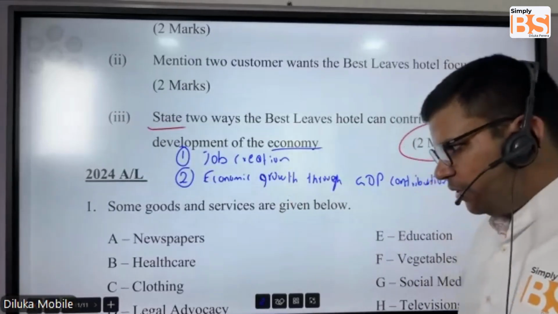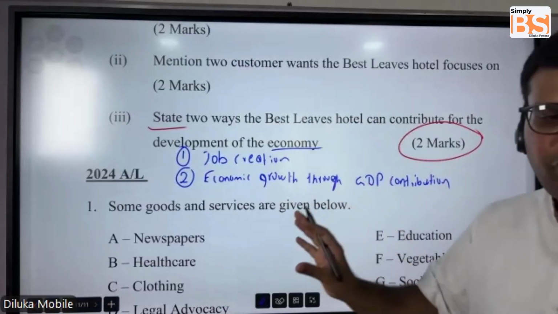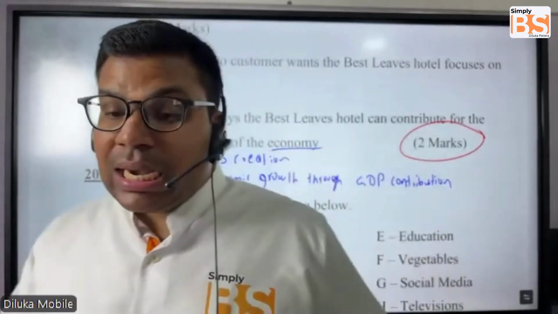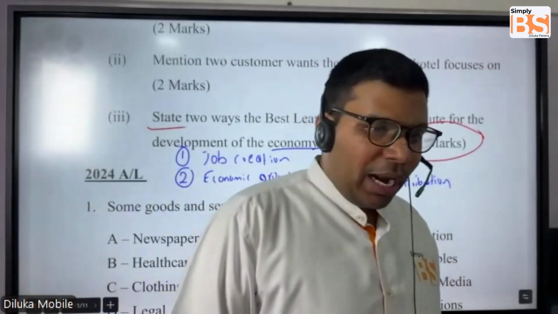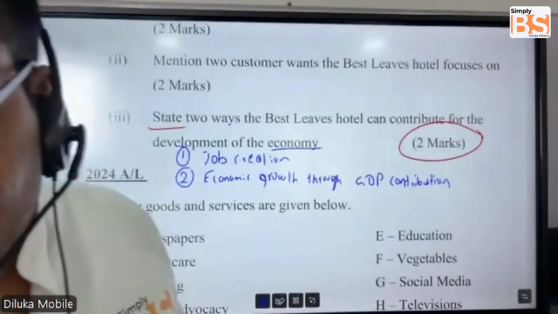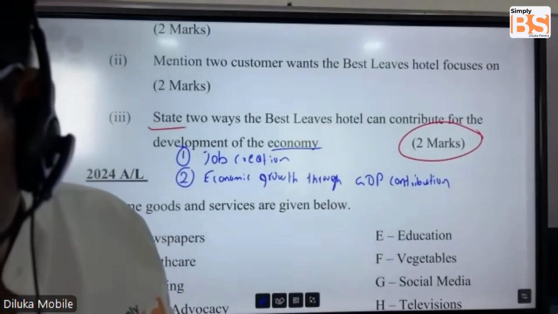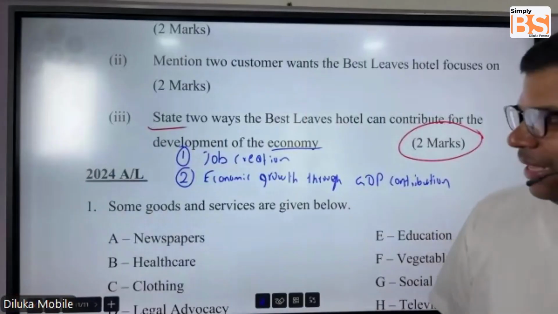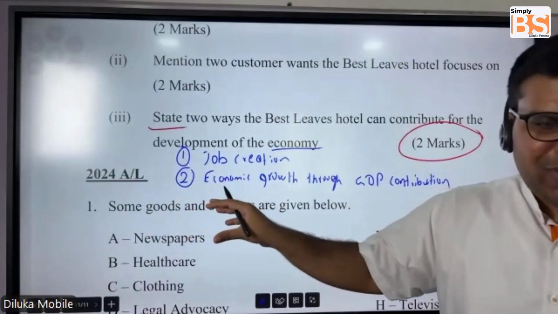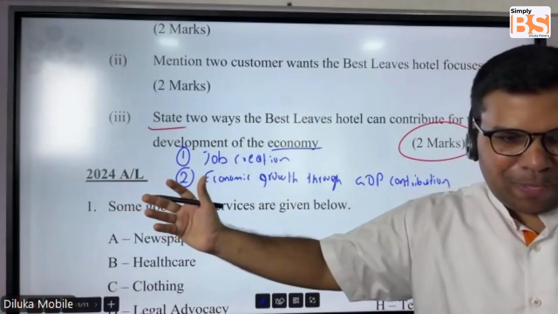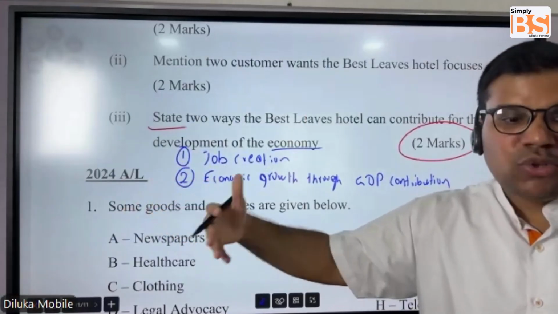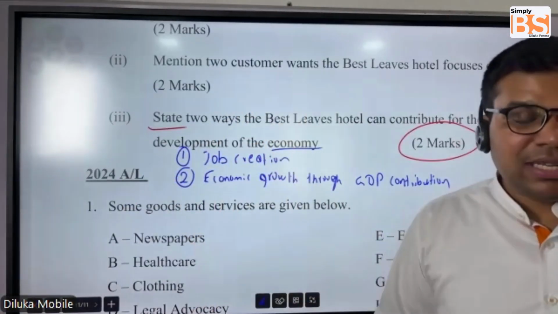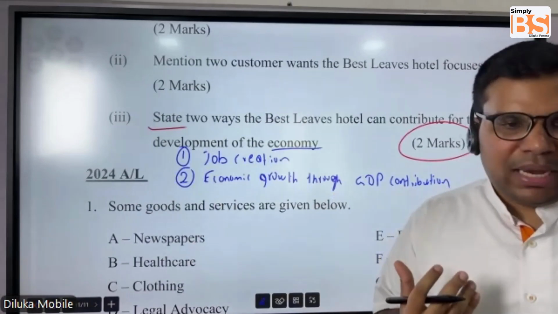So they are providing a service that will add value. And on top of that, Evin has nicely connected the answer point to the description. He says promoting tourism also, exactly. That is good for the industry. They have good hotels, they bring customers in, and they promote the tourism industry.